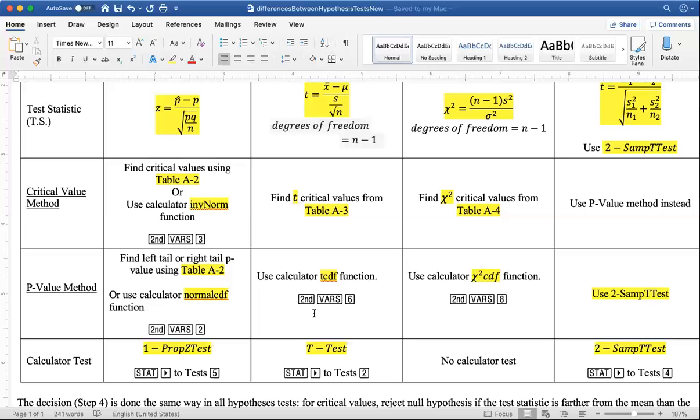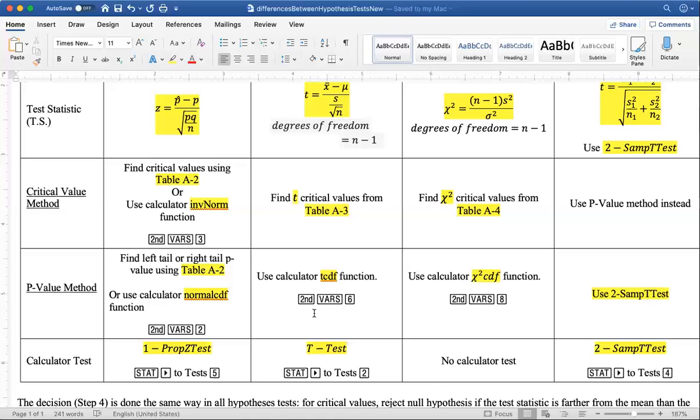For the test of standard deviation, it's slightly different. It again is a CDF function. It's again in the same location, second vars, but it is number 8 for a TI-84 Plus, or number 7 for a TI-83 Plus.